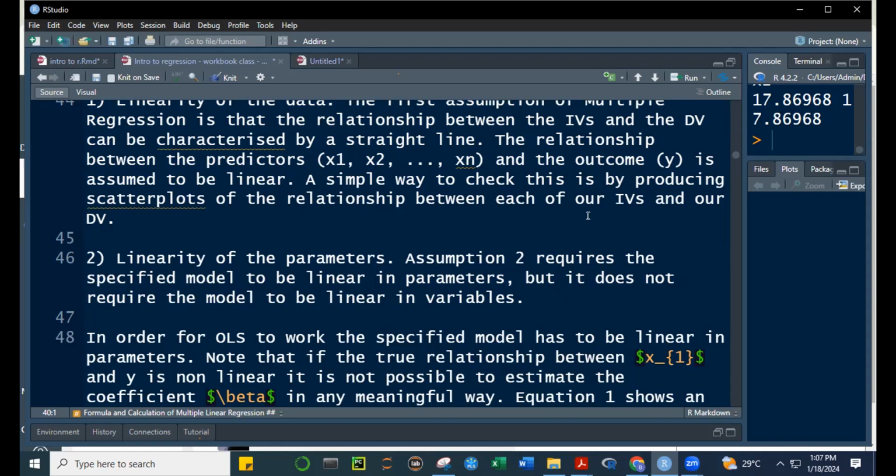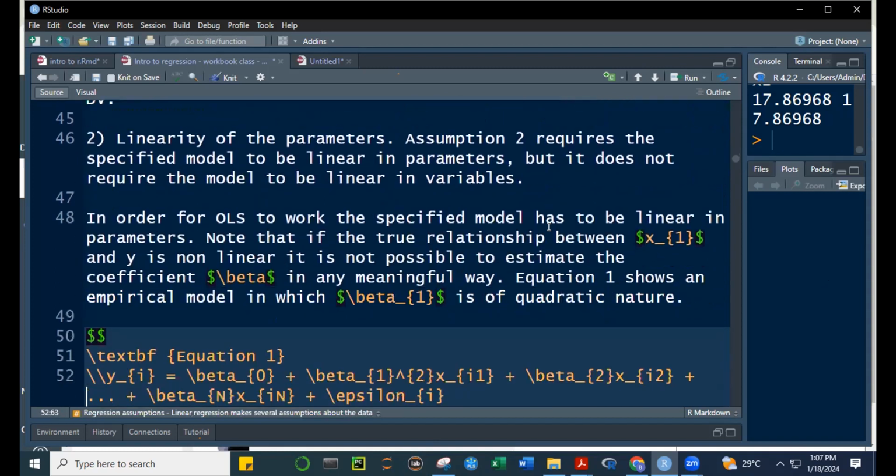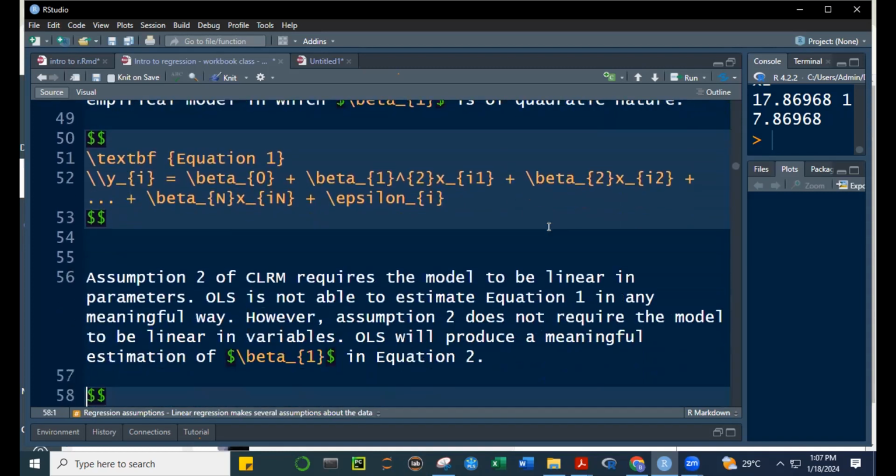However, assumption 2 requires that there should be linearity in the parameters. What do you mean by linearity in the parameters? What we mean is that your coefficients, your betas, which is this one, class.